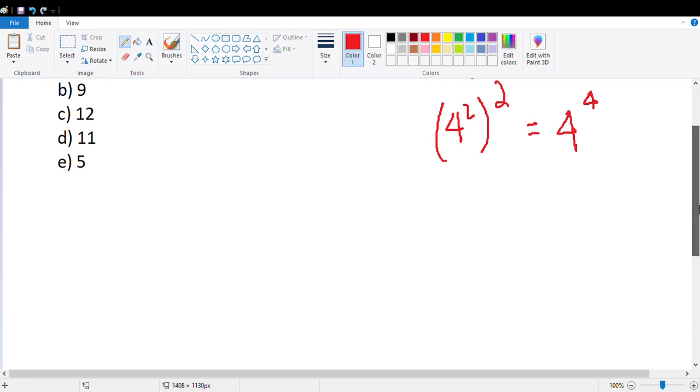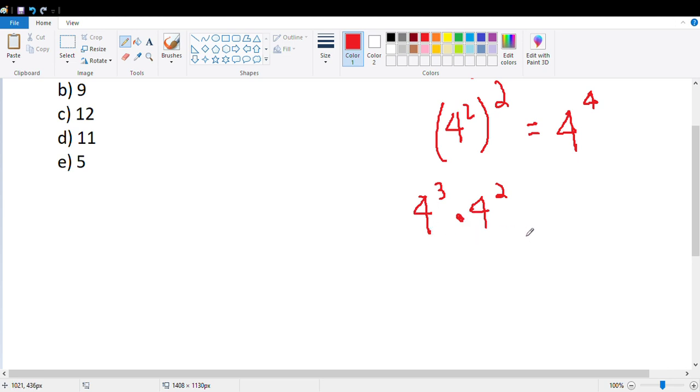The other rule is how to deal with cases where, for example, I have 4 to the 3rd power times 4 to the 2nd power. In this case, we have two numbers raised to a power where the base, the number at the bottom, is 4 for both.